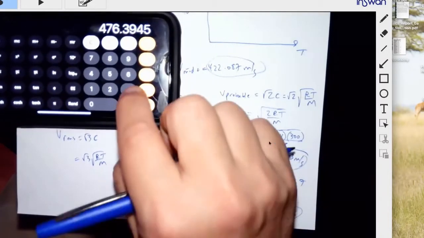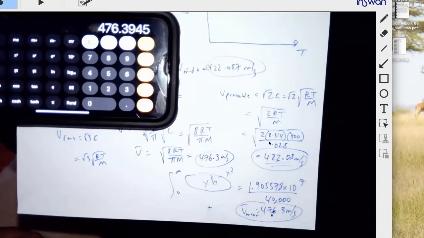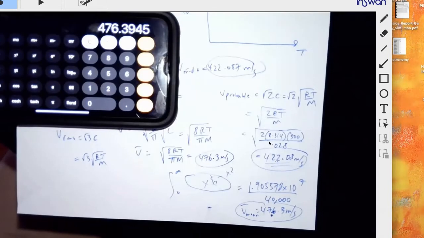So once again, the mode was the velocity at which most of the particles are traveling, and the highest number of particles are traveling at that single velocity. Yeah, the most particles are traveling at that velocity.